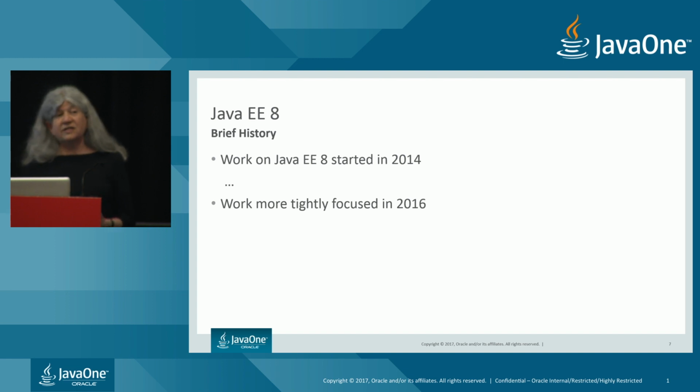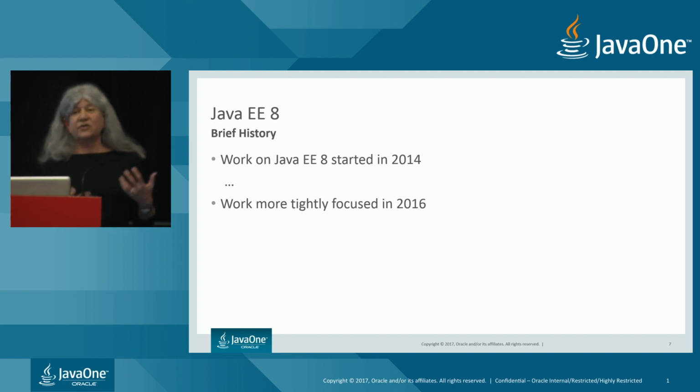So in 2016, when our resources again freed up, we took a step back and we looked at were we really focused appropriately, how do we get a release out with the high priority items accomplished in the time frame that we thought we were going to address, namely by 2017.